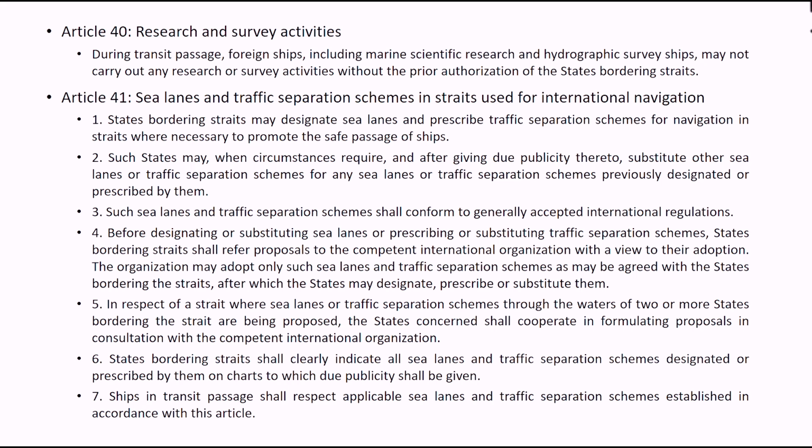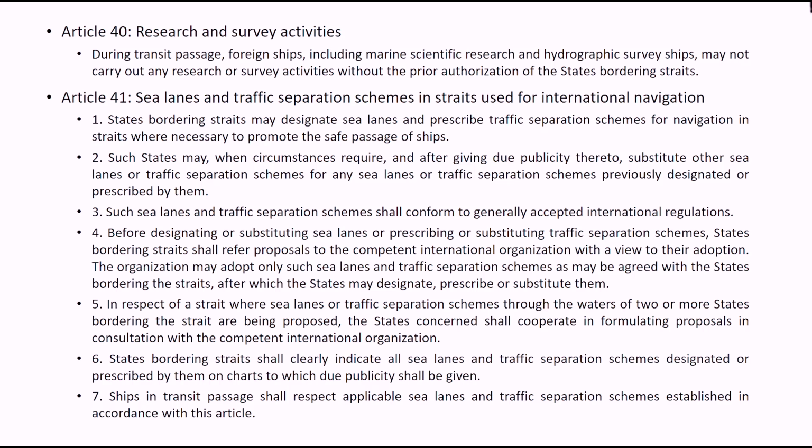Further, such states may, when circumstances require and after giving due publicity thereto, substitute other sea lanes or traffic separation schemes for any previously designated or prescribed by them. So, we can see that sea lanes and traffic rules can be created as far as transit passage is concerned. Thirdly, such sea lanes and traffic separation schemes shall conform to generally accepted international regulations.